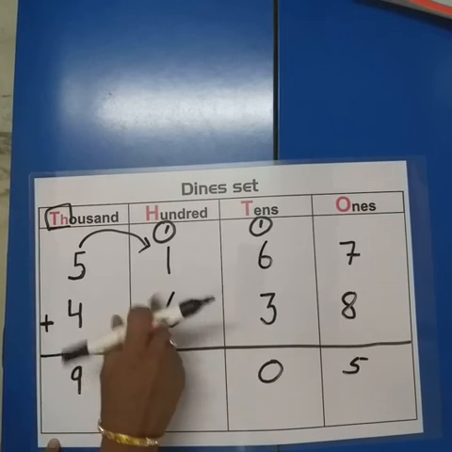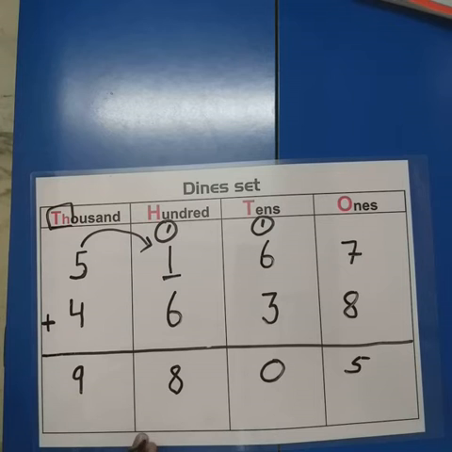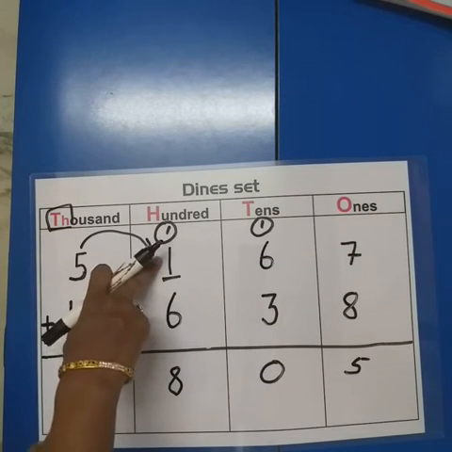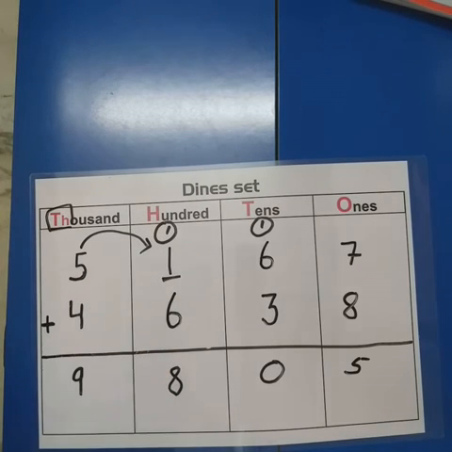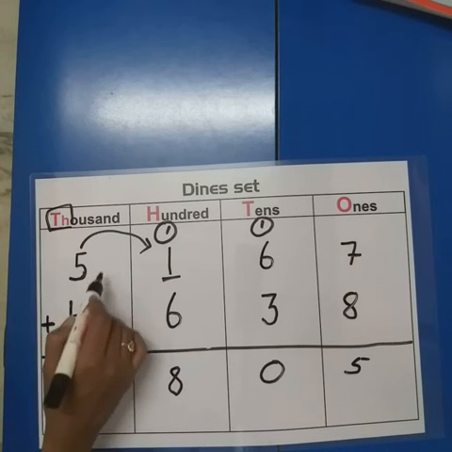Now we have some rules to change. If we have a hundreds place digit less than 5, we will not change our thousands place.